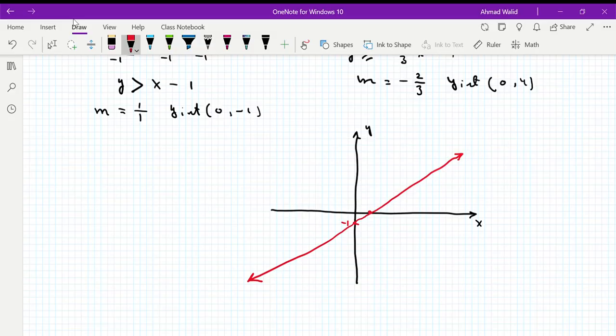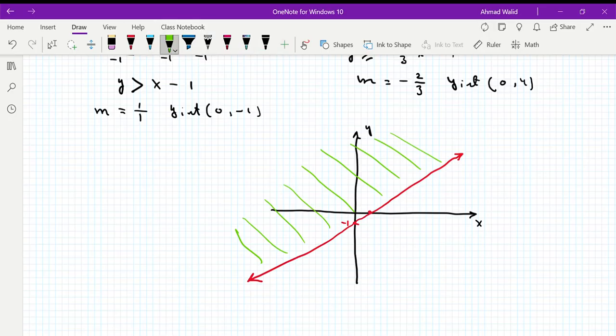Which side do I have to shade? Of course, the upper part, because I have y greater than. Now, at the same time, graph the second inequality. Let's choose another color, for example blue. The y-intercept is (0, 4). 1, 2, 3, 4.